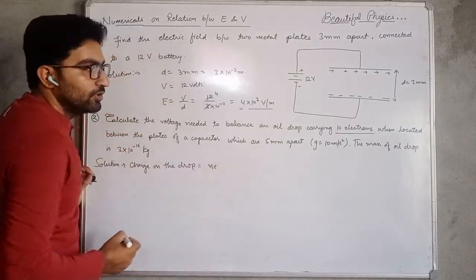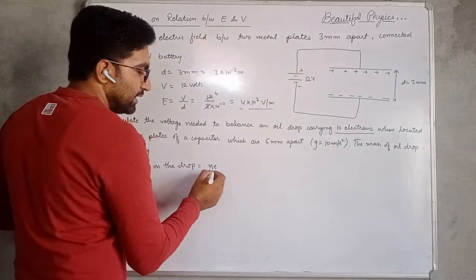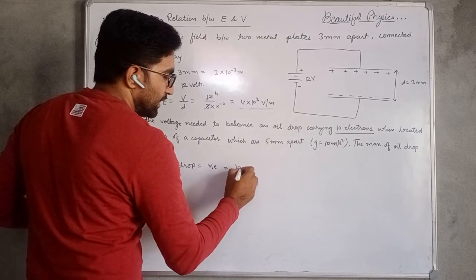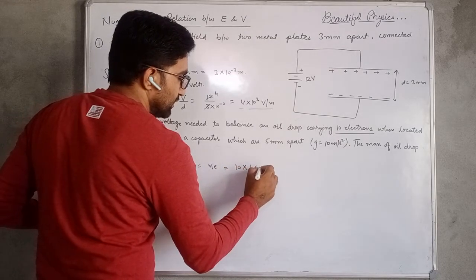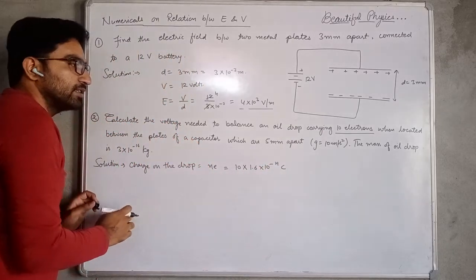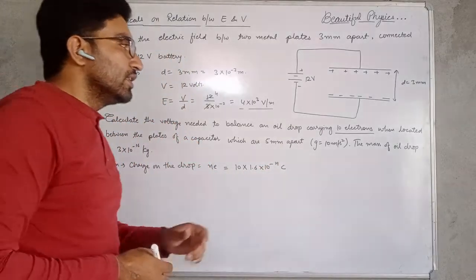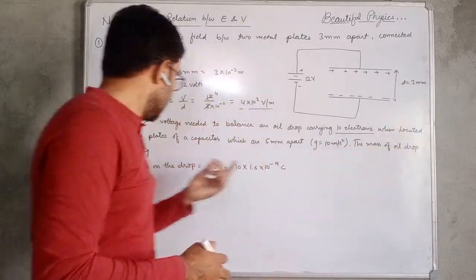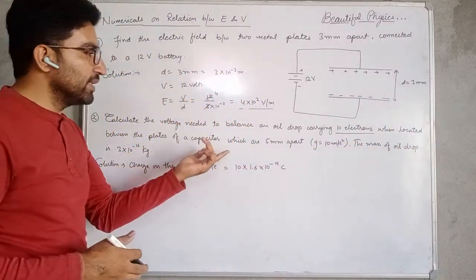The number of electrons is 10, and the electronic charge is 1.6 into 10 raised to power minus 19 coulomb. So this is the amount of charge present on the oil drop when located between the plates of a capacitor.